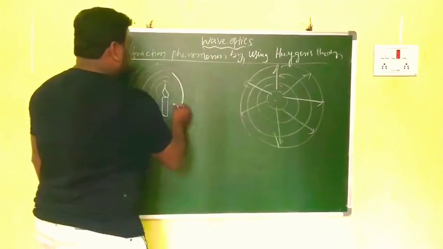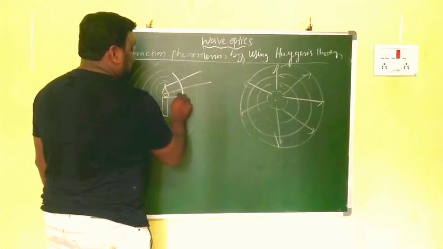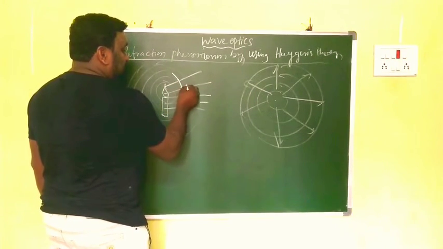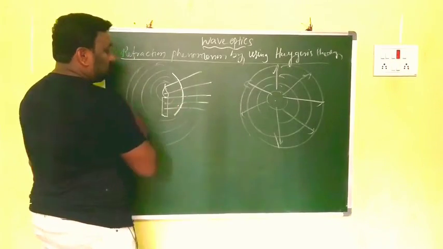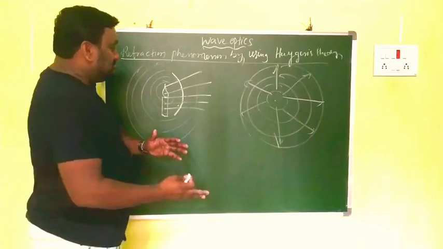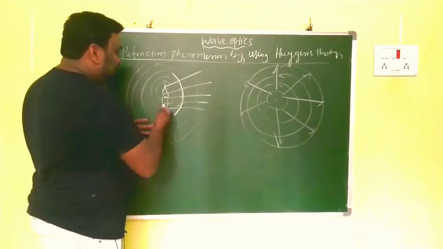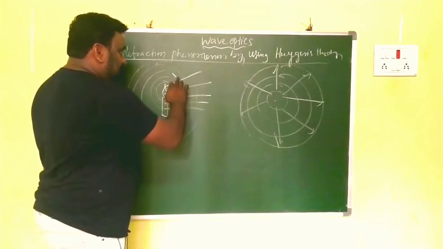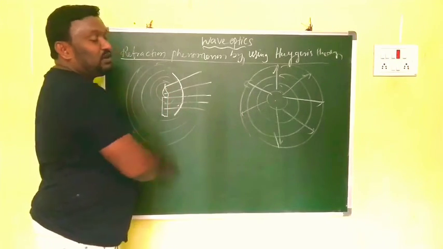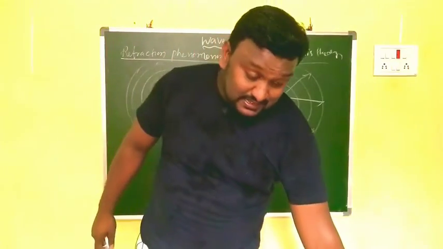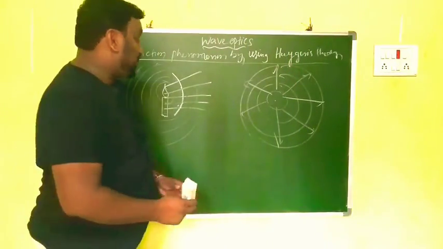Here this is one light ray, this is another light ray, and another light ray, like this. Actually that is the wavefront concept, but to understand it, just imagine it is a light ray. Then the particles which have the same phase of vibration are taken as the wavefront. What is that? Wavefront.